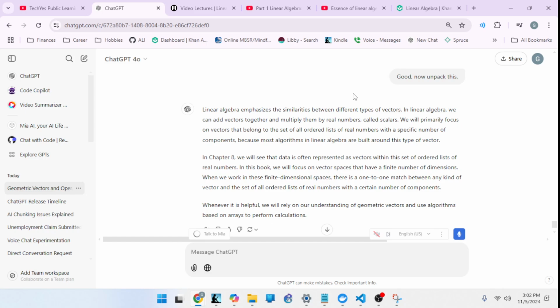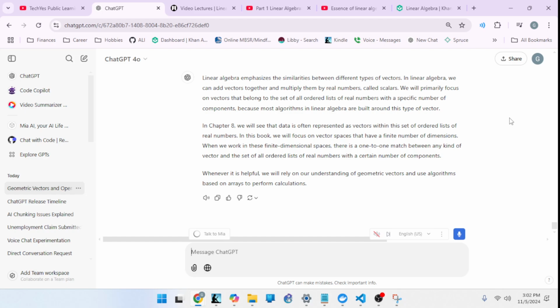And this type of vector is one that belongs to the set of all ordered lists of real numbers with a specific number of components. In Chapter 8, we will see that data is often represented as vectors within this set of ordered lists of real numbers.